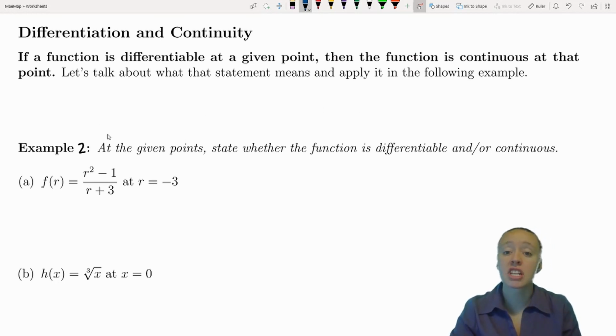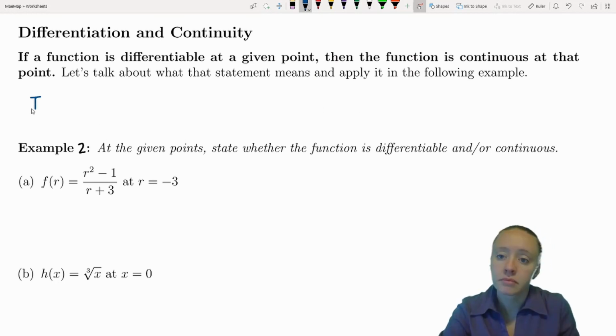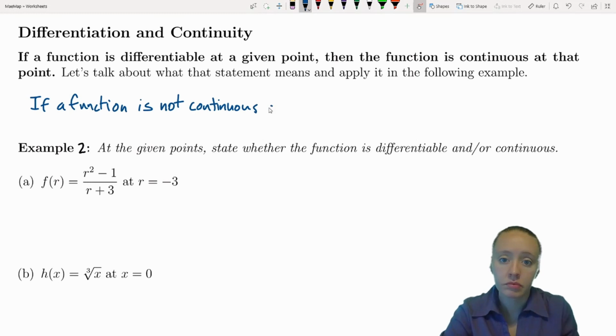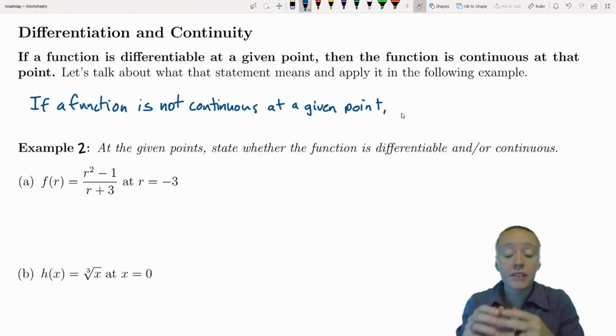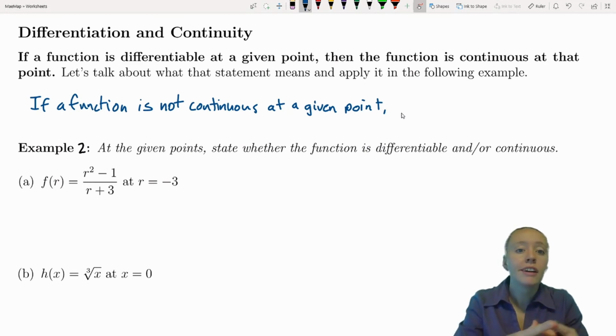Actually, if a function is not continuous, so if it's not continuous at a given point, then that function is not differentiable.